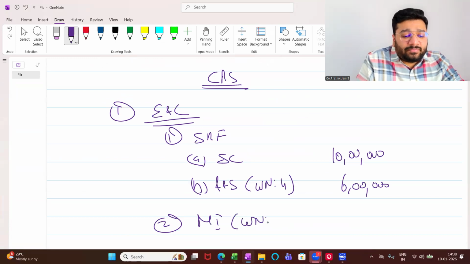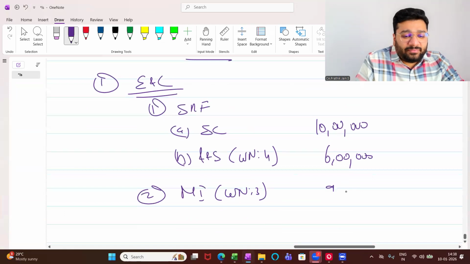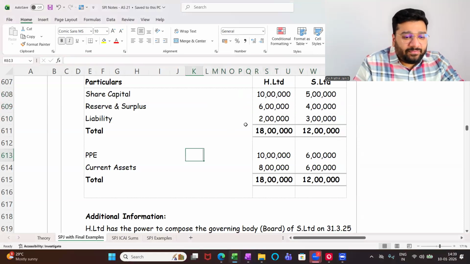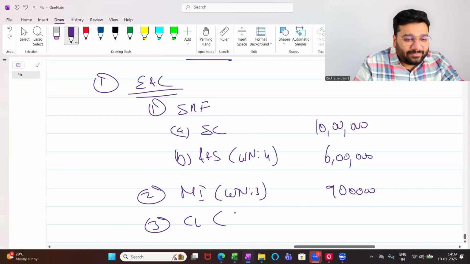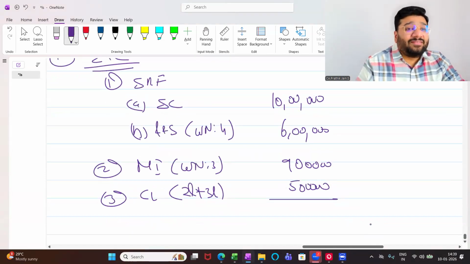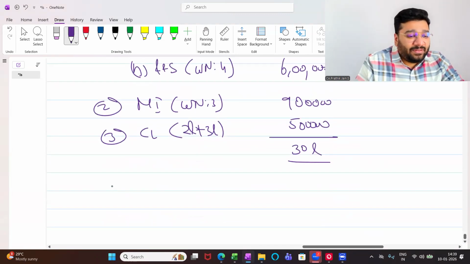Working note number 3, minority interest, how much? 9 lakh. Third, current liability, how much? 2 lakh plus 3 lakh, 5 lakh. Total how much? 30. Okay. Next.